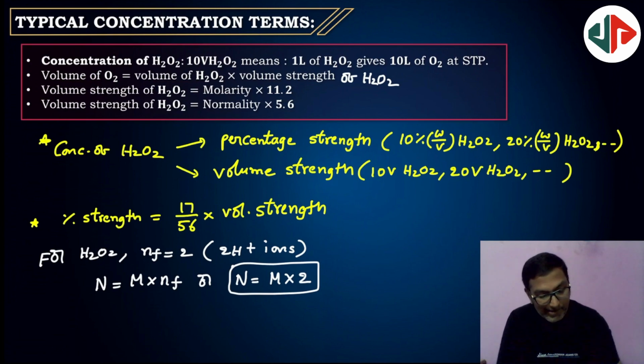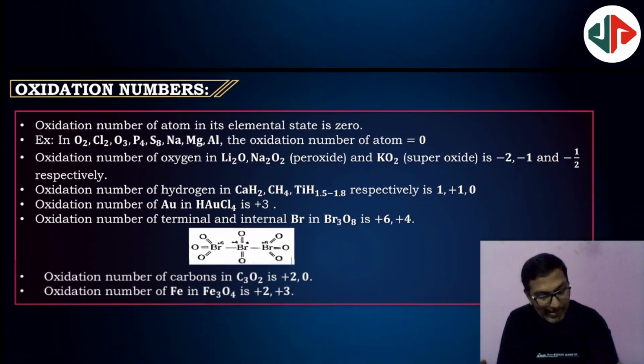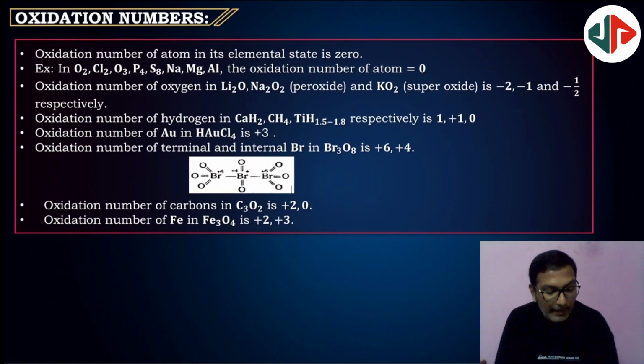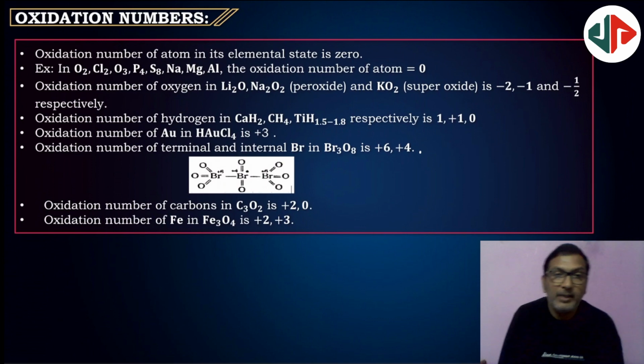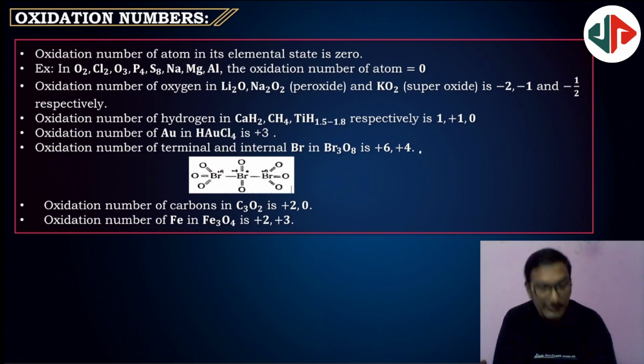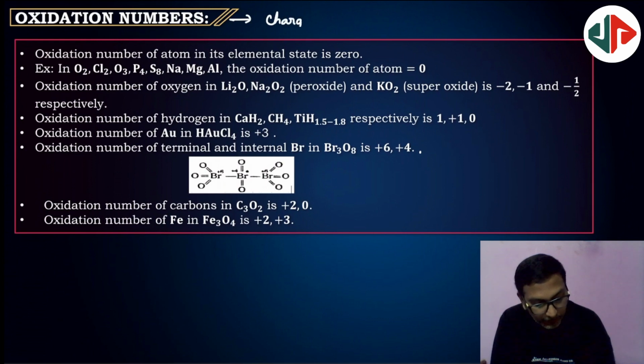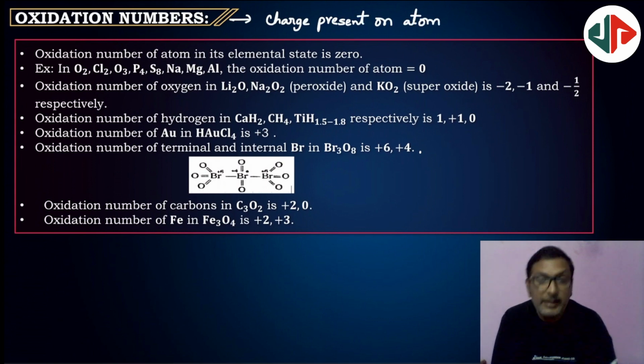Next, oxidation state or oxidation number. It is the charge present on an atom. Oxidation number means simply the charge present on an atom in the formation of a chemical compound.